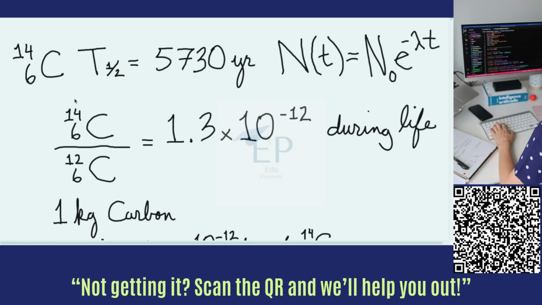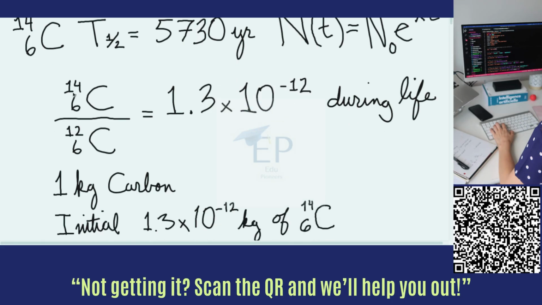Well, looking at Appendix B, we see that carbon-14 has a half-life of 5,730 years. Another fact from the text that we need here is the fraction of carbon-14 that is present in all organic matter during life, and that's actually due to a cosmic process.